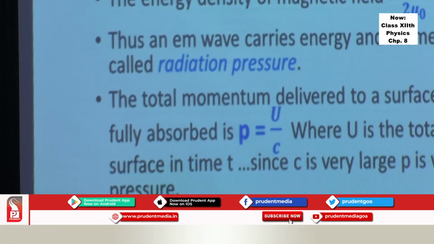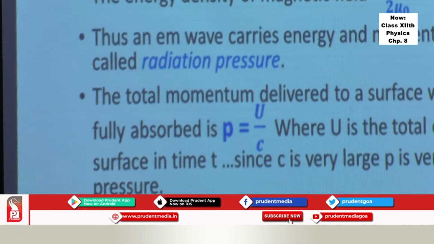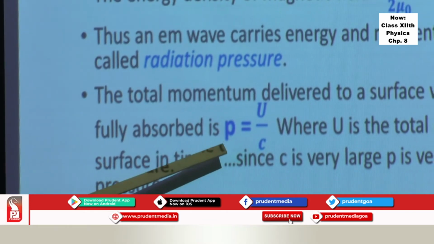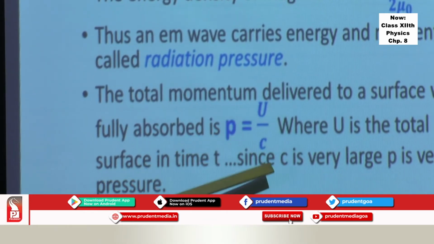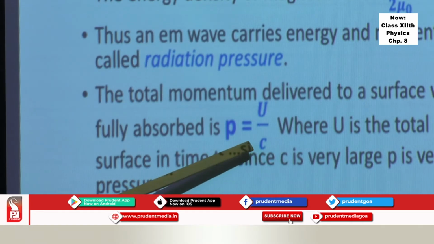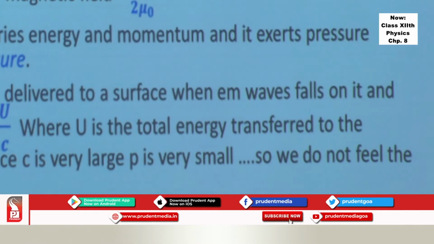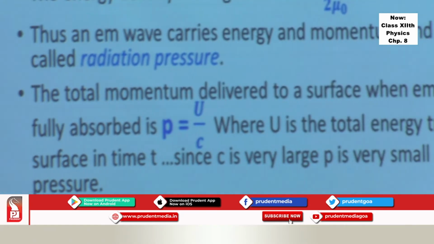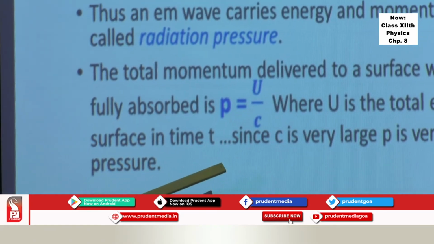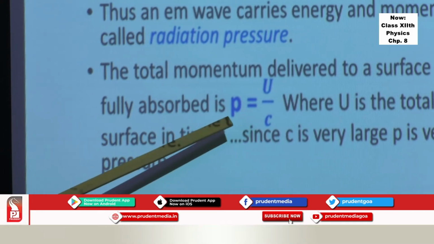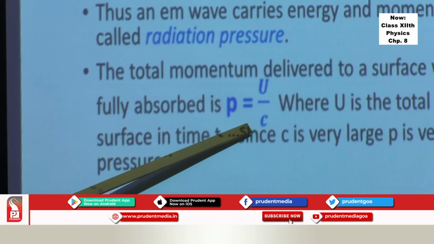See, suppose the light is falling on it and it is fully absorbed. The momentum is given by U upon C, where U is the total energy transferred to the surface in a time t. And you know C is very large. What is its value?